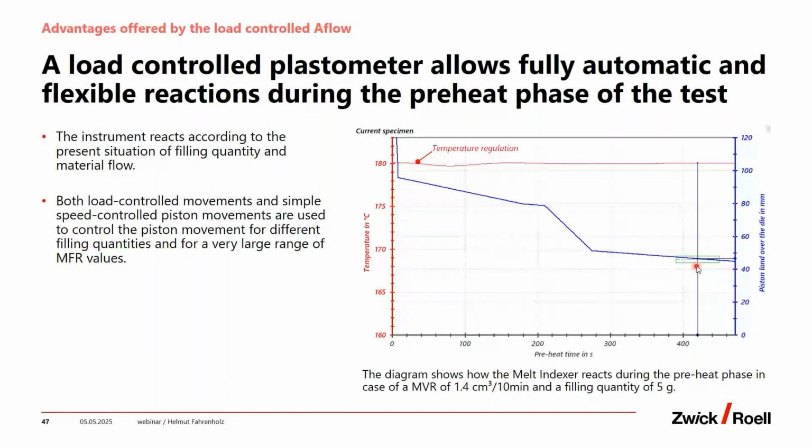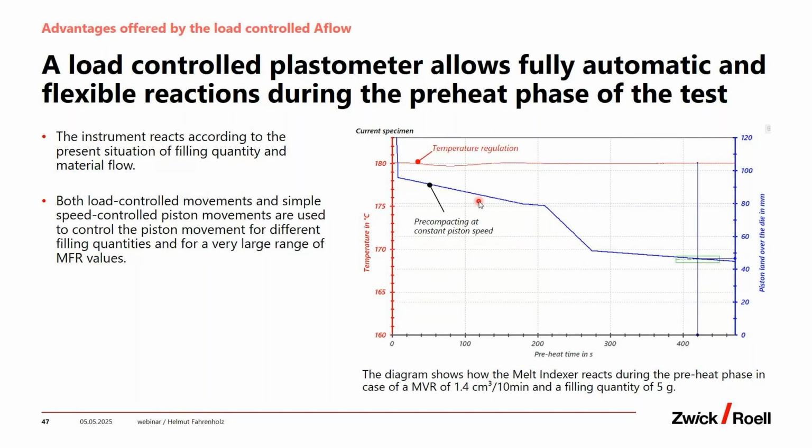In a manual mode, you would have to tell the machine exactly what to do in order to reach this little starting window at the right moment. What we can do when we use the Aflow is work in speed control, or in load control. This allows us to identify very early the movement of the piston, so what melt flow rate to expect.